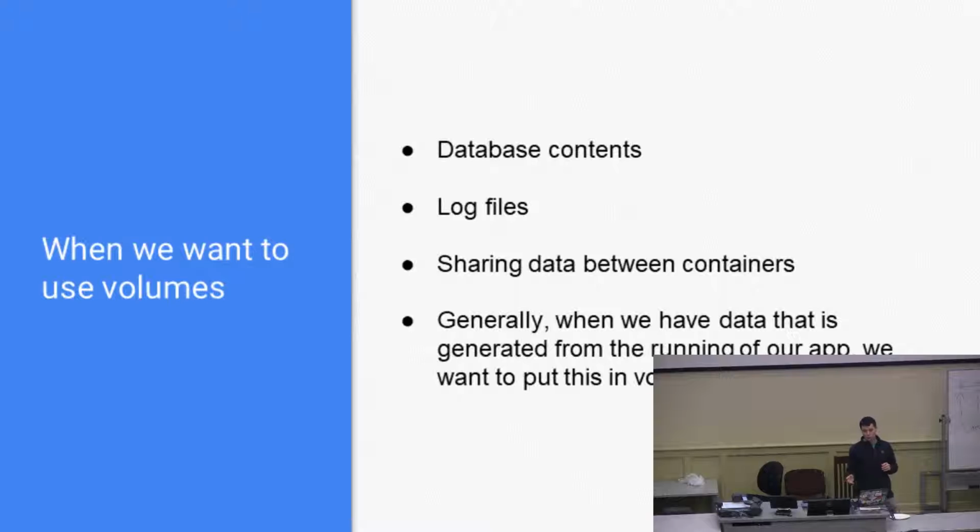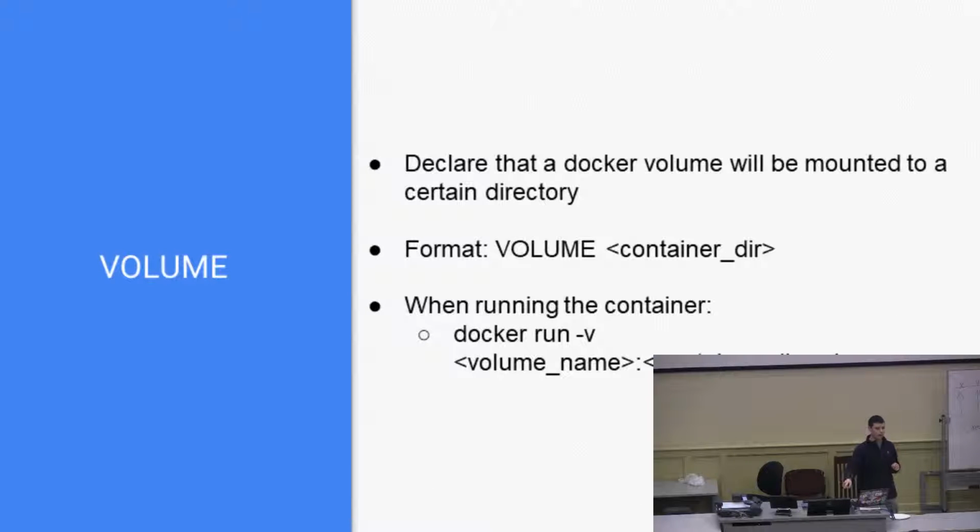And the way that this works is you have a volume command in the Dockerfile. So we saw that you basically do volume, and then you have the directory. And that works similar to expose, because what it does is it tells Docker that, hey, I'm expecting something to mount. And so all the data in that Docker volume is going to appear in the container directory.